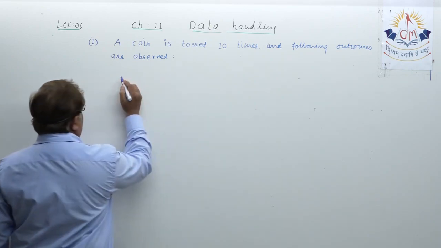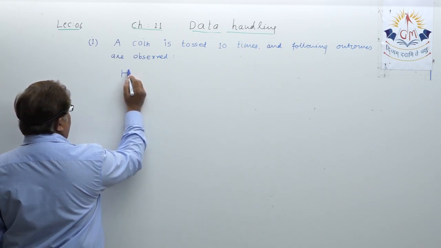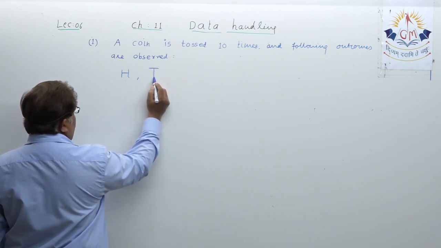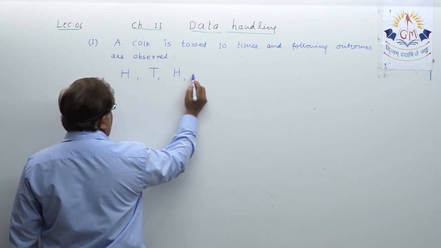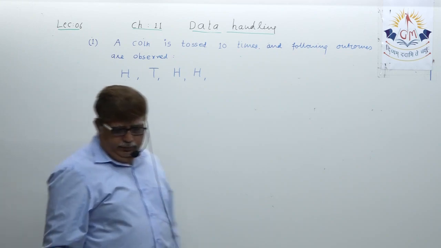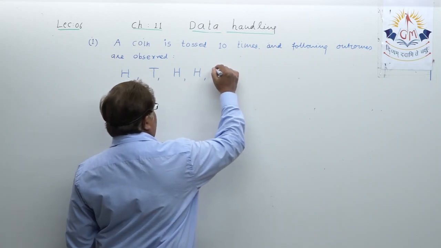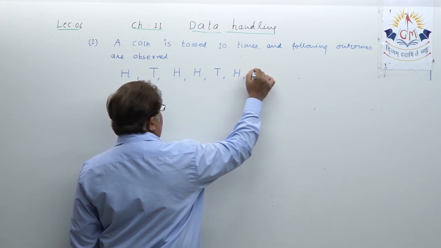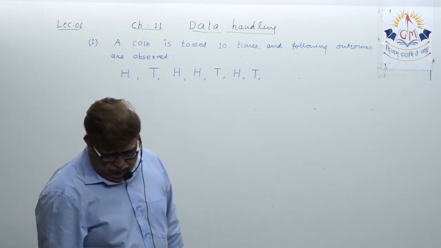Let me write the outcomes. H means when you toss the coin once, H appeared. Then T, then again H appeared as the outcome, again H appeared as the outcome, then T appeared as the outcome, then H, then T. Understood?